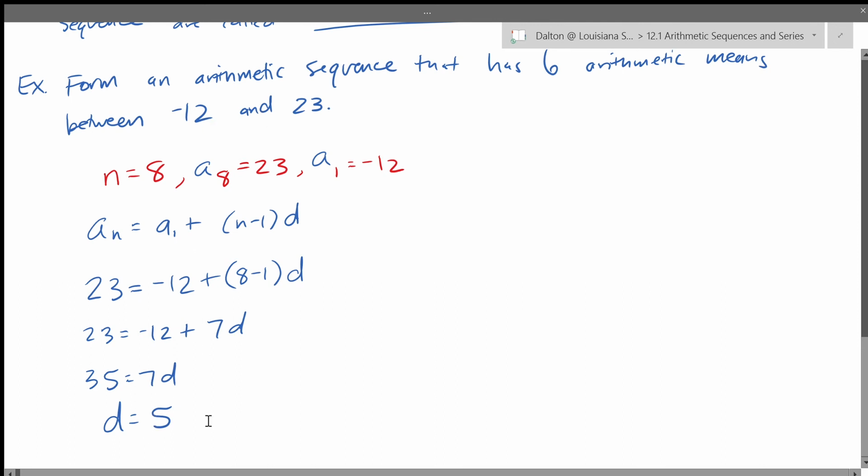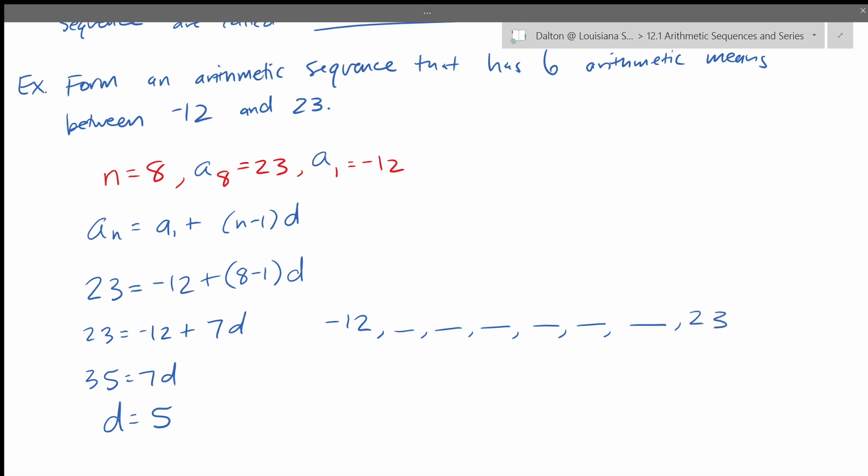If I know my starting term is -12, I know there are 6 arithmetic means, 1, 2, 3, 4, 5, 6, between -12 and our final number in that sequence, which is 23.